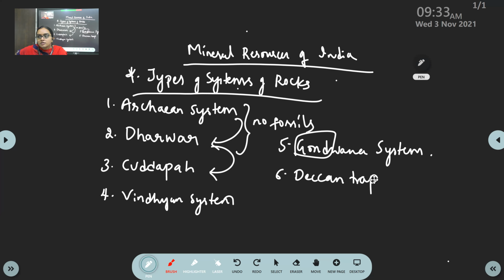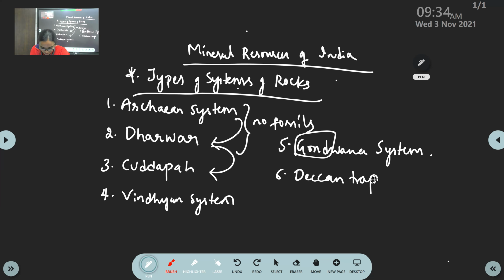Deccan Trap, fissure volcano. This time the question was also asked. How is the Deccan Trap formed? Fissure volcano. When lava moves horizontally and forms a rock, that is known as a flood basalt province.